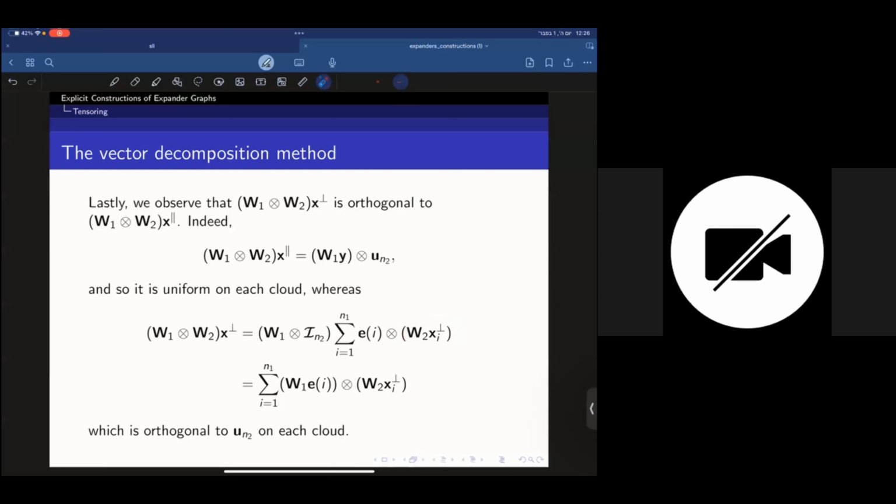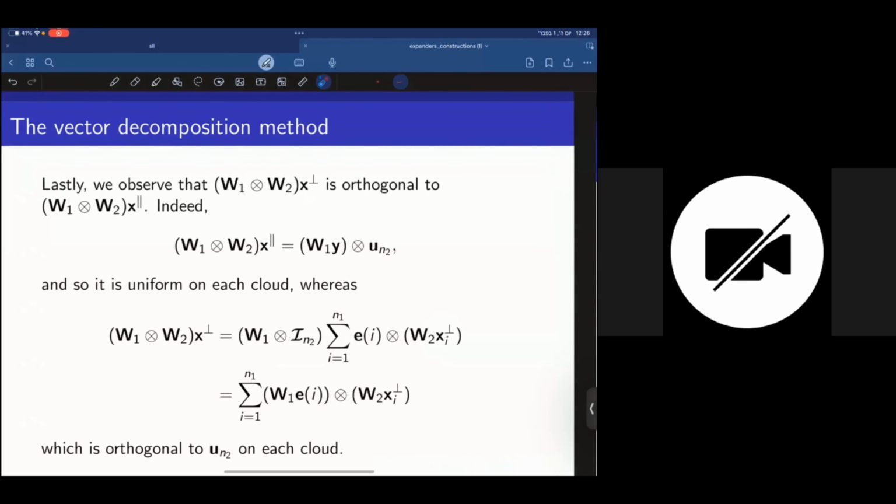Why? I mean, this is orthogonal, but why is that orthogonal? It's not hard, I'm just checking that you're with me.